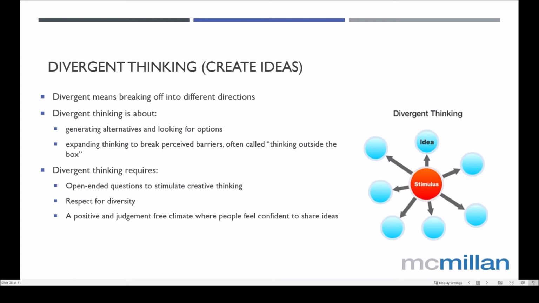So the first part of brainstorming is really about being as random with our ideas to try and get a different perspective, this outside the box concept. There has to be a respect for diversity, and a judgment-free climate around the act of divergent thinking when brainstorming. So get the group together.